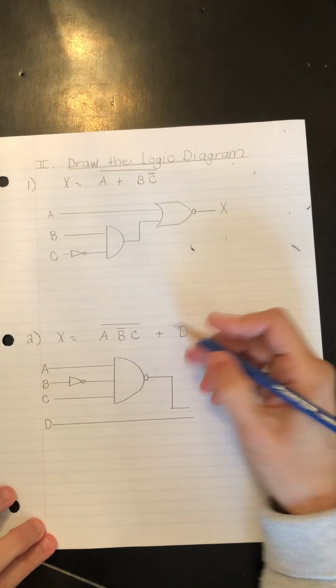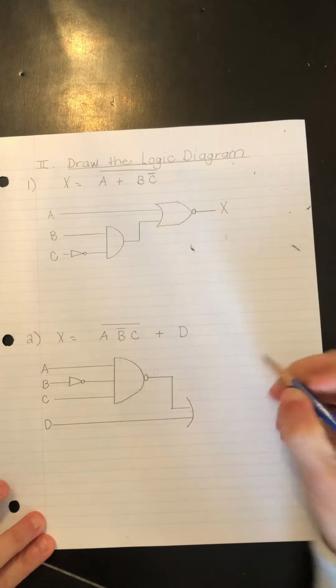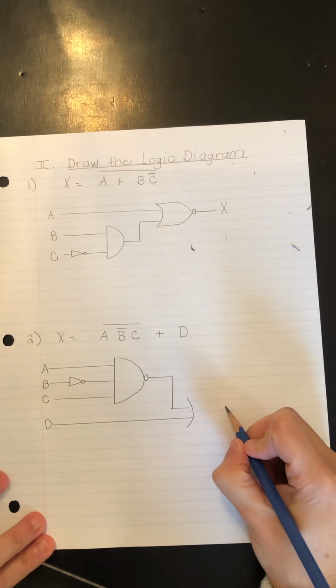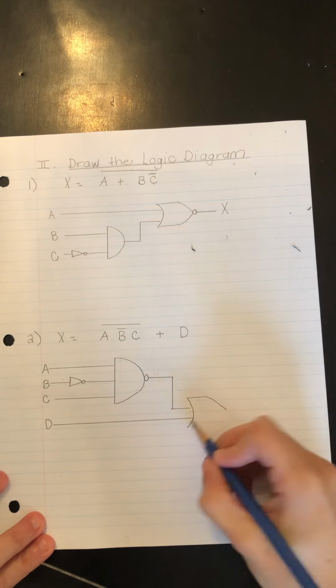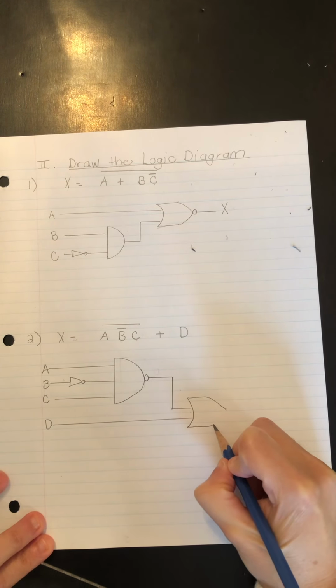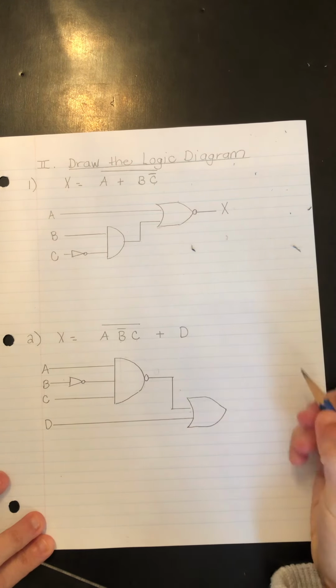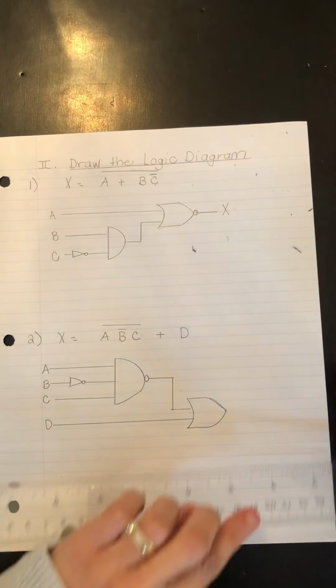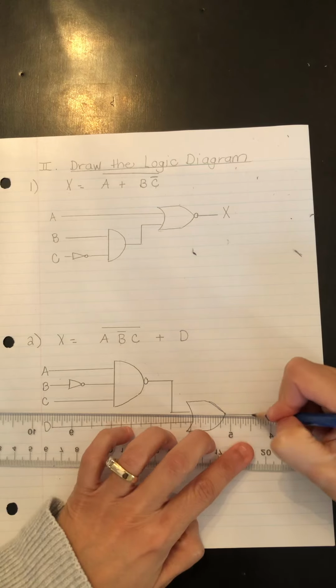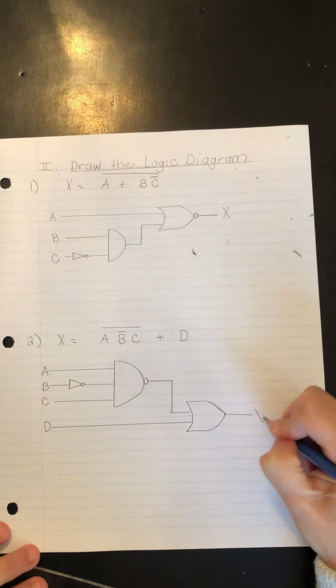So to show this addition, we need to draw OR. All right, I'm gonna say that that's good enough. And then out from there should be the output X.